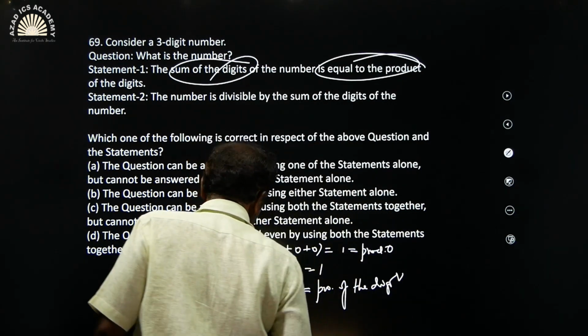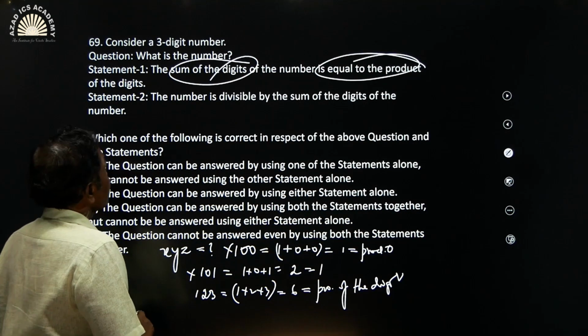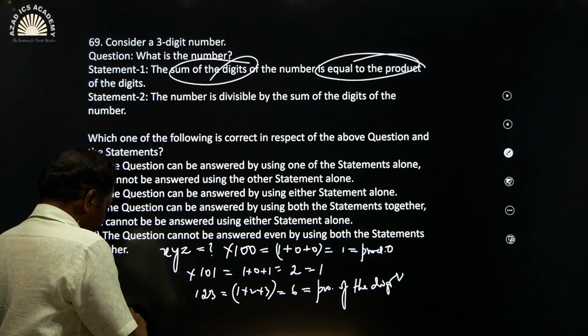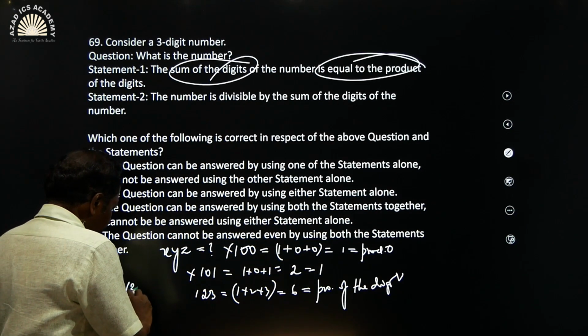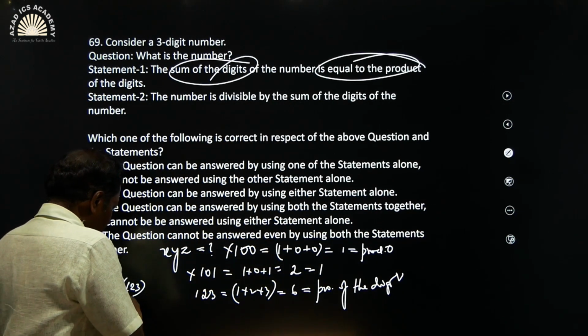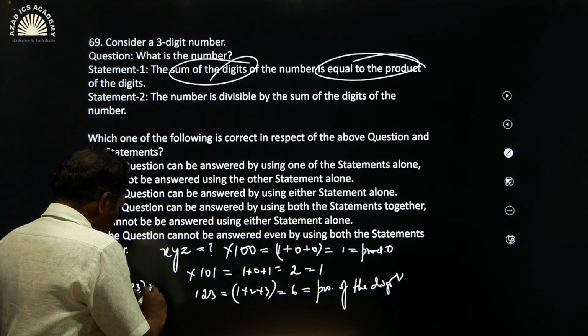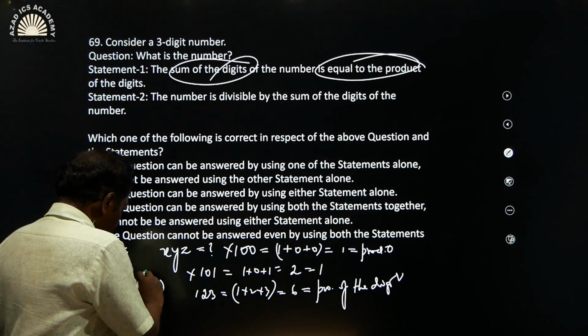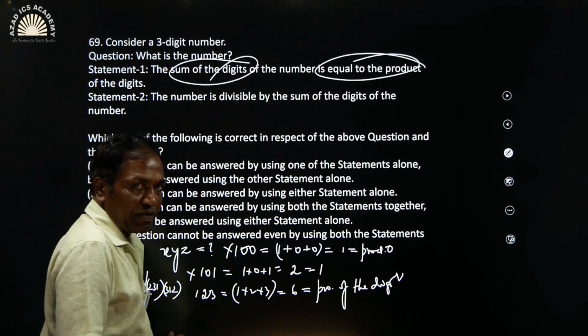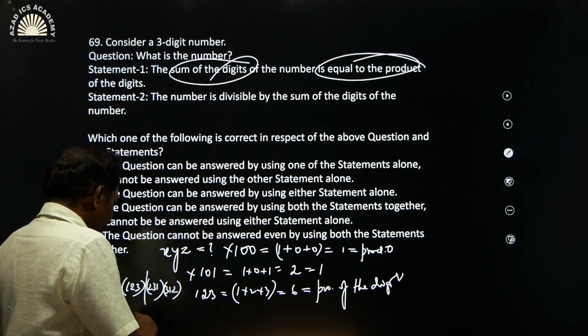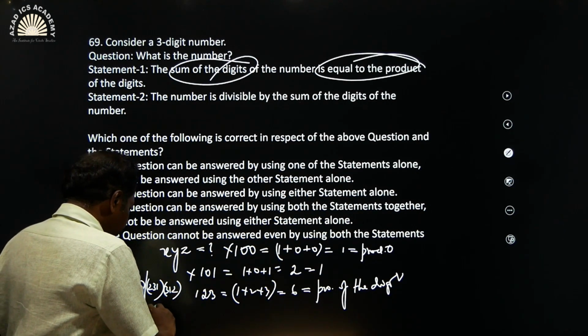I will write in detail here; space is not sufficient. I'll take 1, 2, 3, or 2, 3, 1, or 3, 1, 2. Any of these 3 numbers can be taken here.